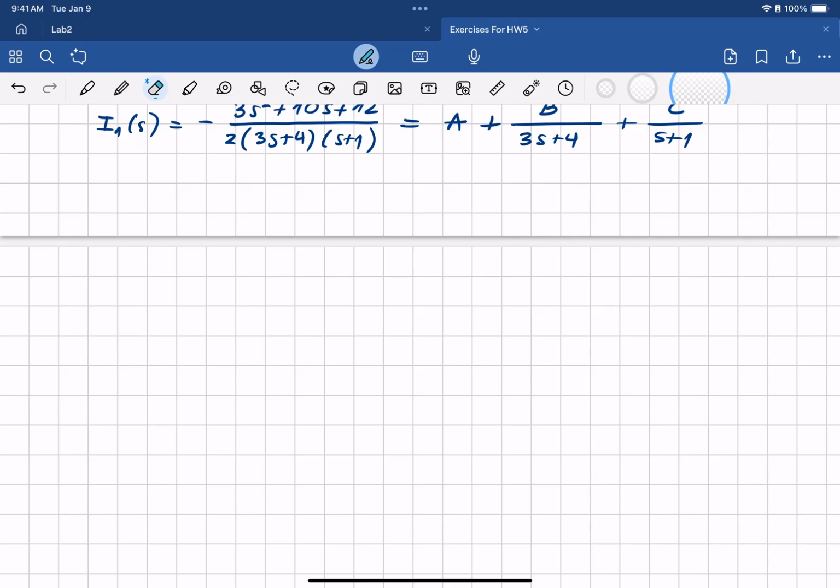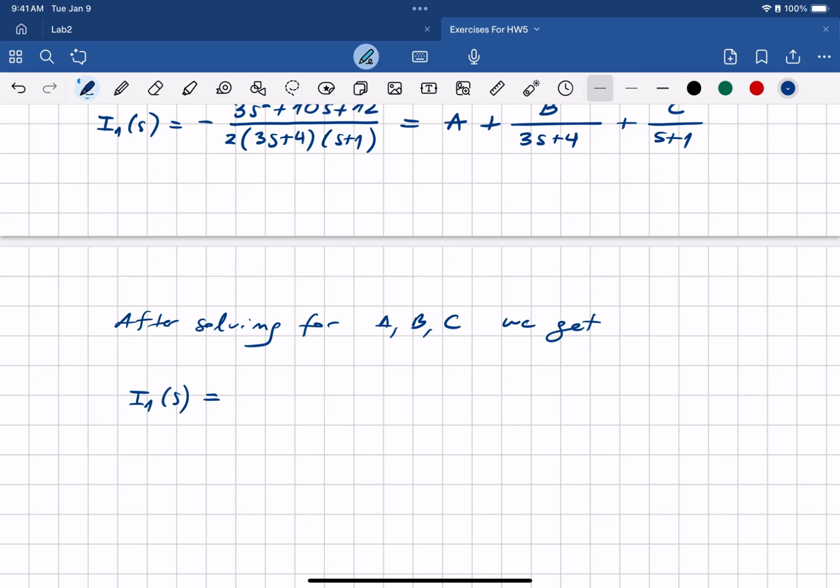So after solving for ABC, what do we get? I1 can be decomposed as minus 1 over 2. That means A is minus 1 over 2. B is actually 6, so 6 over 3s plus 4. And C is 5 over 2, so minus 5 over 2 over s plus 1.